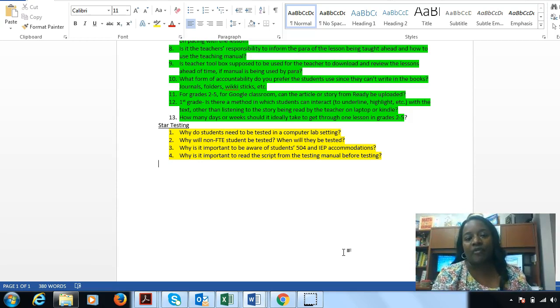If you read the script verbatim, you don't have to worry about having told them the wrong thing, not giving them correct information, or, oh, I left something out, or I didn't know that I could do this. So the script normalizes it because, again, we want the message to be delivered uniformly to all students in all settings so that I can have a true, accurate depiction of our data and our students' performance.